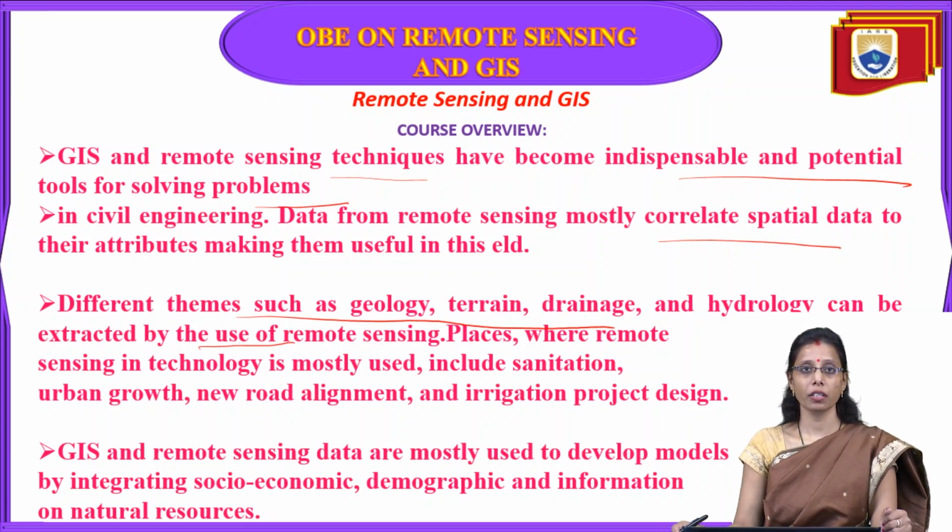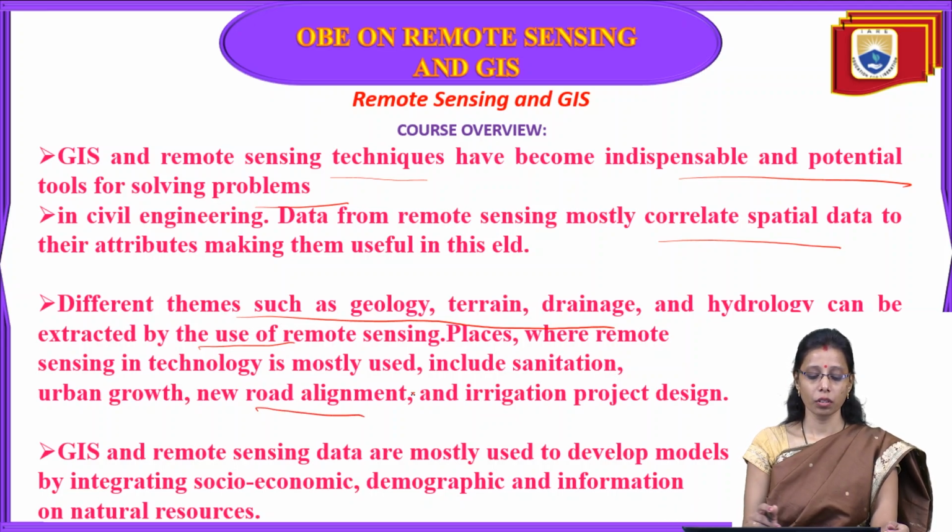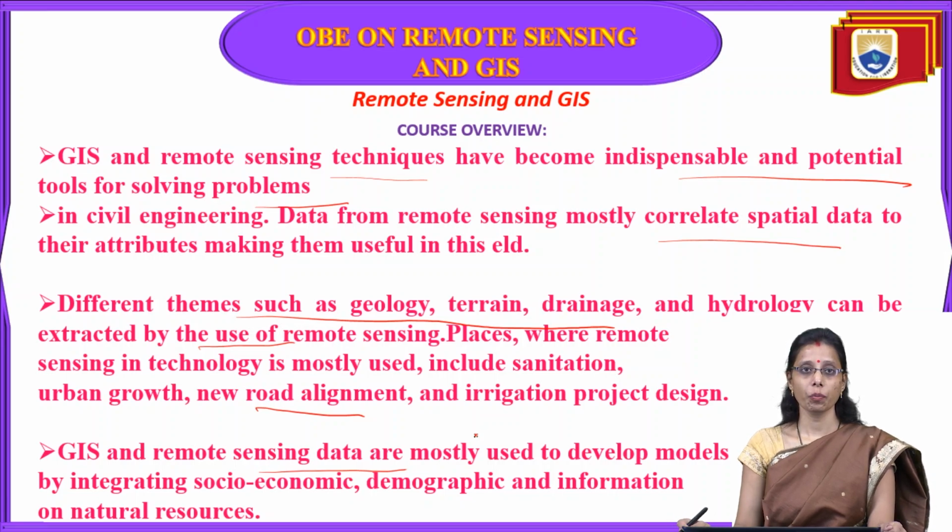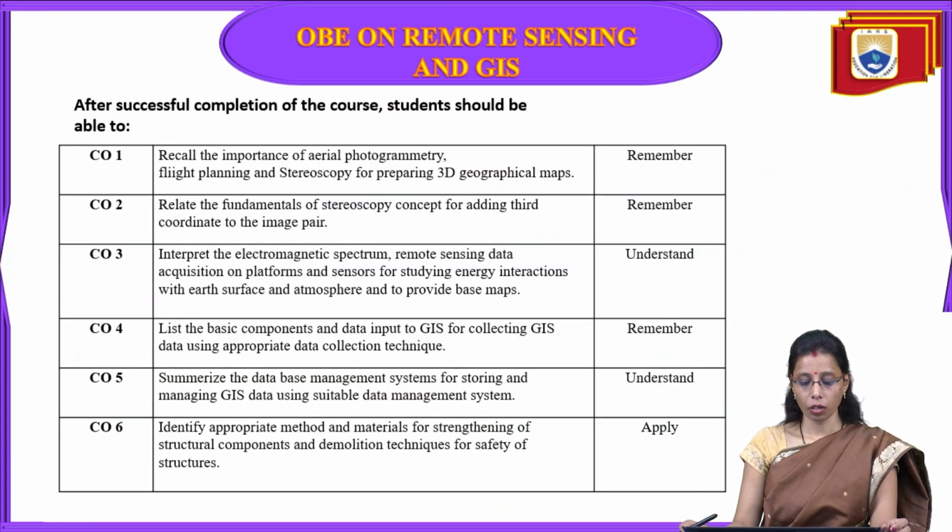It is mostly used in sanitation, urban growth, new alignment, irrigation and project design. GIS and remote sensing data are used to develop models by integrating socio-economic, demographic and natural resources data.